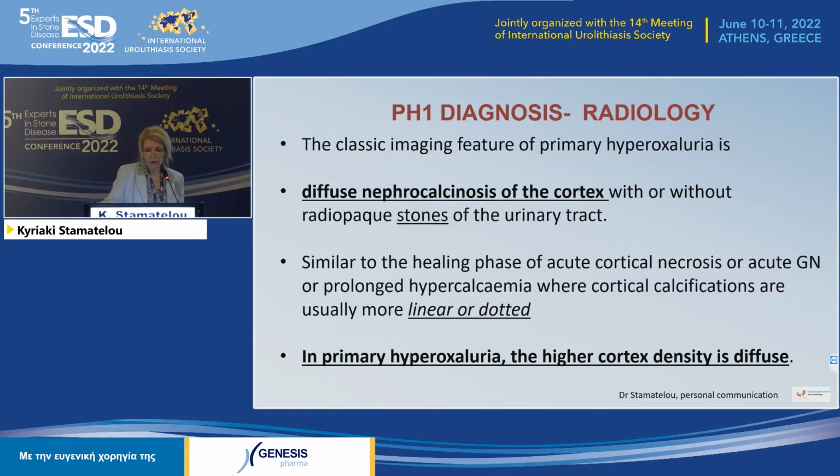We are not looking for linear or dotted nephrocalcinosis, because that could be the result of prolonged hypercalcemia. It could be the result of an acute GN. It could be acute cortical necrosis. We're looking for a diffuse pattern. So the higher cortex density should be diffuse in order to suspect primary hyperoxaluria.